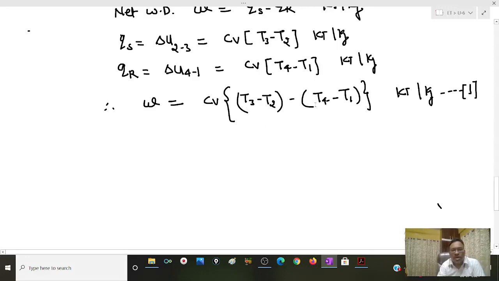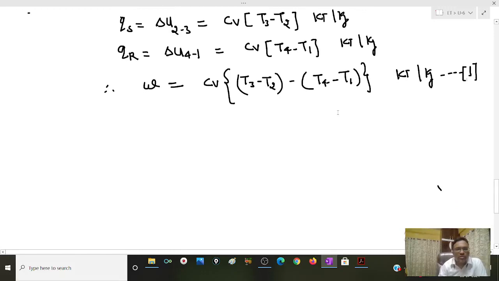T2 and T4 are the other temperatures which we are supposed to calculate. So how to find out T2 and then T4.